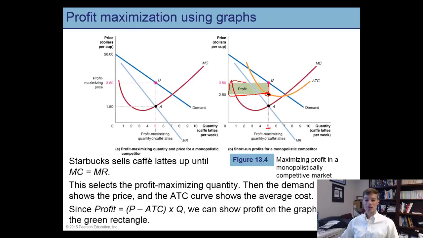If you multiply that profit margin by the number of units sold, you get a number that's equal to the area of the green box. You'll notice the green box has a length equal to the number of units sold, which is 5, and it's got a height equal to the profit margin. The profit margin, again, is the difference in price and the average total cost of production.